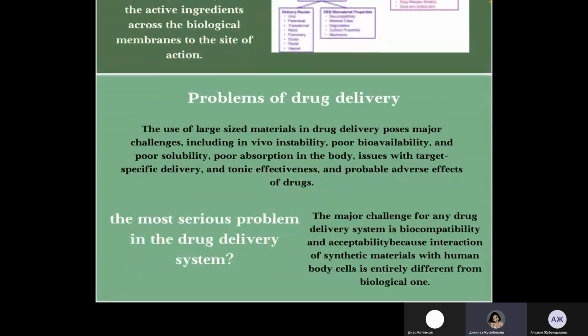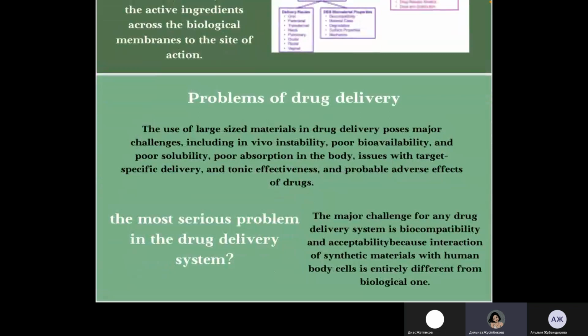These are very simple problems in this theme. Also, here is a question about the most serious problem in the drug delivery system. I found a very easy answer for this.